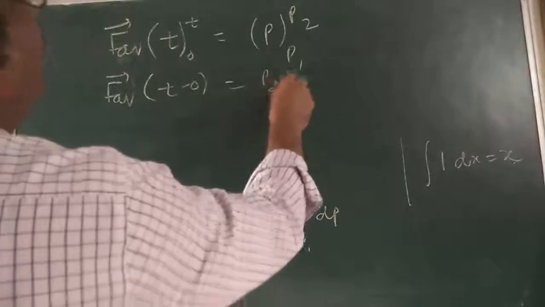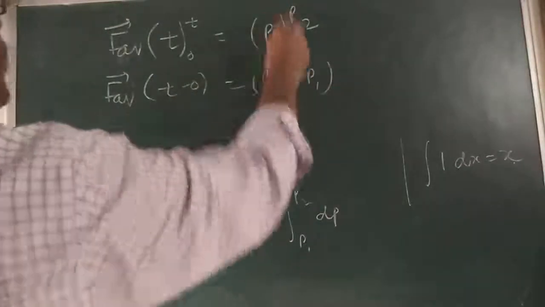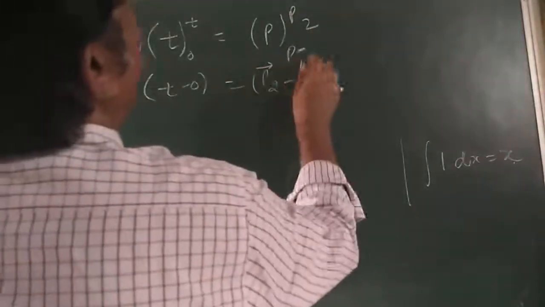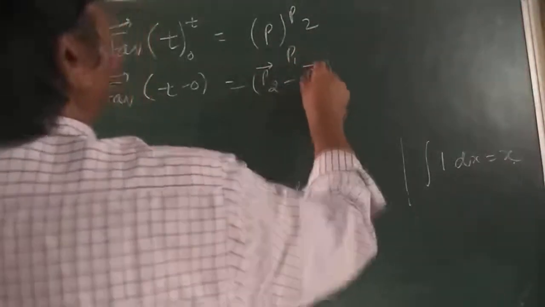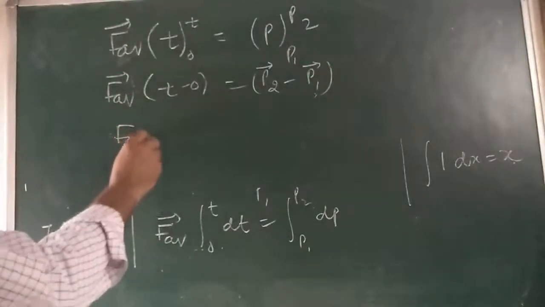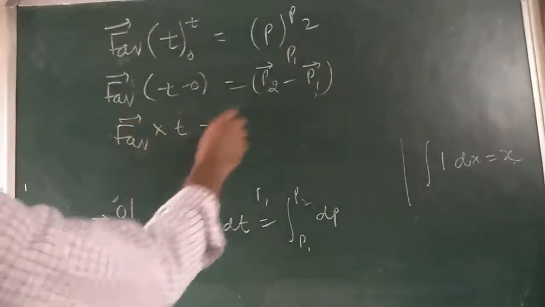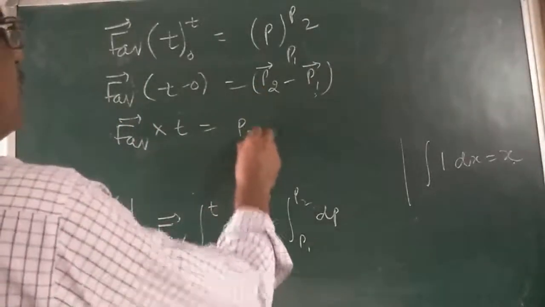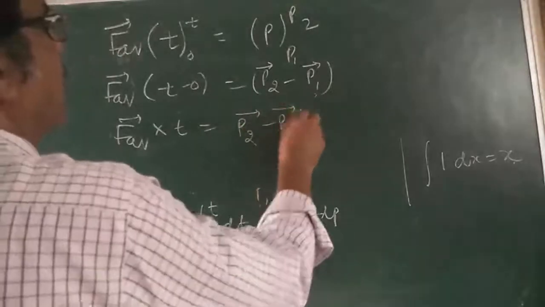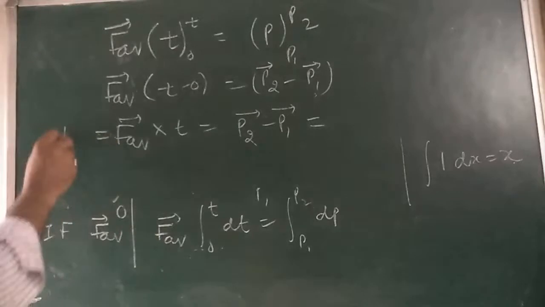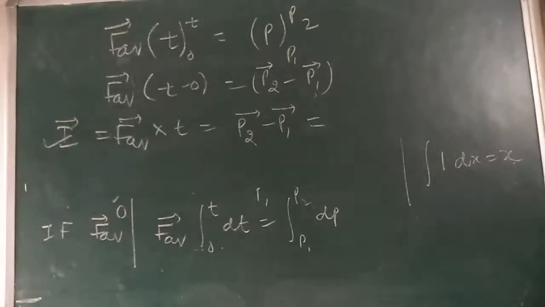Here open the limit: P2 minus P1, upper limit minus lower limit. So F average into time is equal to P2 minus P1. This is impulse I. This is called the impulse momentum theorem.